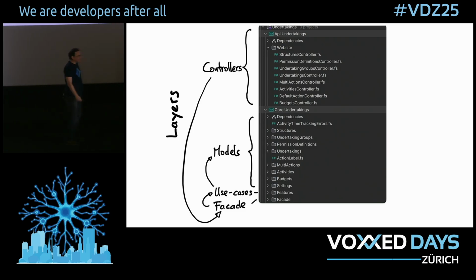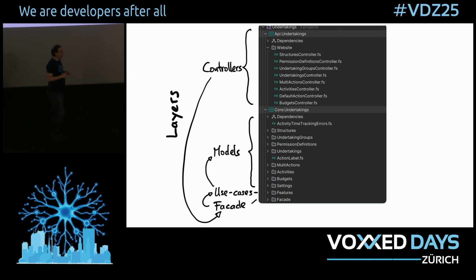Now, because it's F#, F# has something very special, that you can only ever reference things that were defined above. So that's really nice, because you can see the layers in the code. So the reason why the facade is at the bottom is because the facade is the code that knows all the other stuff, so it has to be at the bottom.